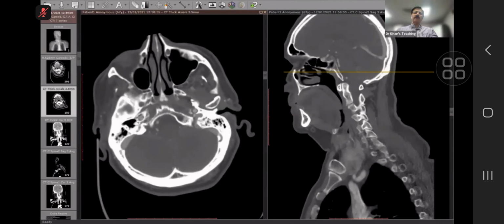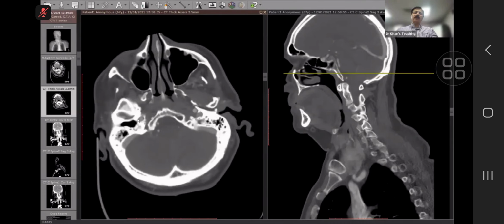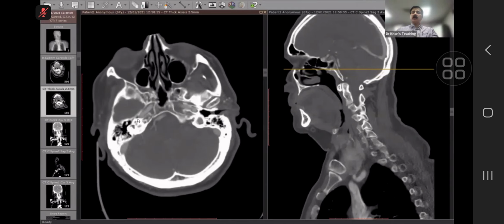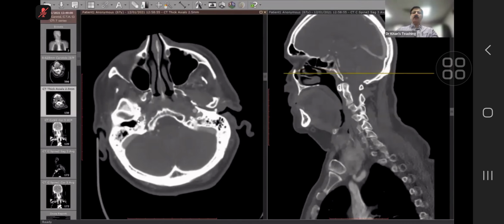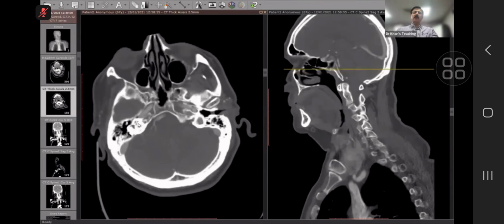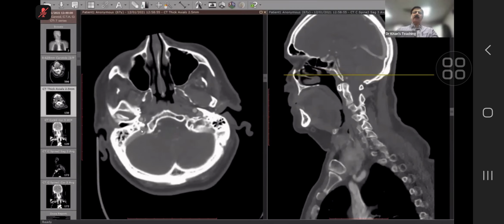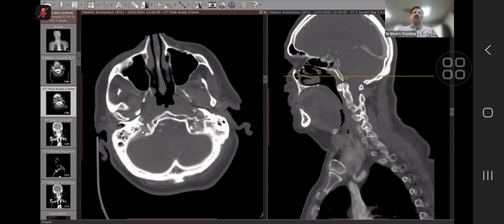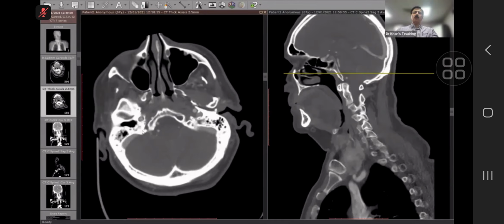So this is the middle ear cavity, and the carotid canal is anterior. There are normal variants in which this bone will be dehiscent, and the internal carotid artery can project into the middle ear cavity. Similarly, in high riding jugular foramen, the internal jugular vein can project into the middle ear cavity.